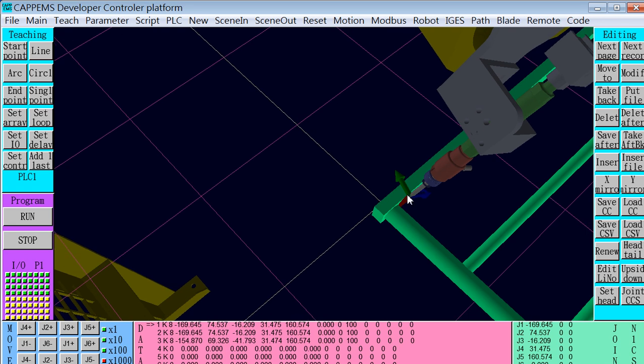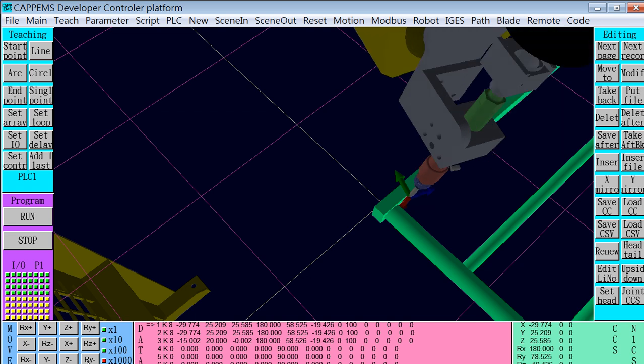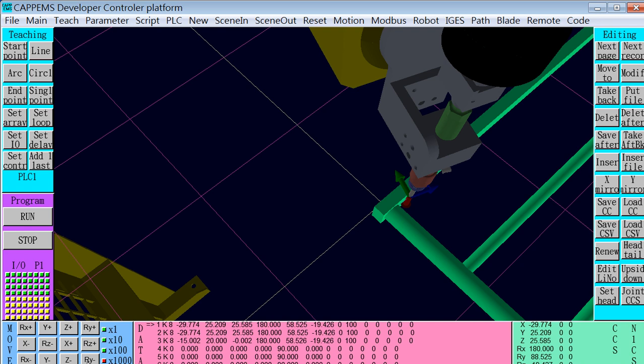The tip doesn't move, so we have to be in Cartesian coordinate system. Y must be 90 degrees. Y minus 70, 80.